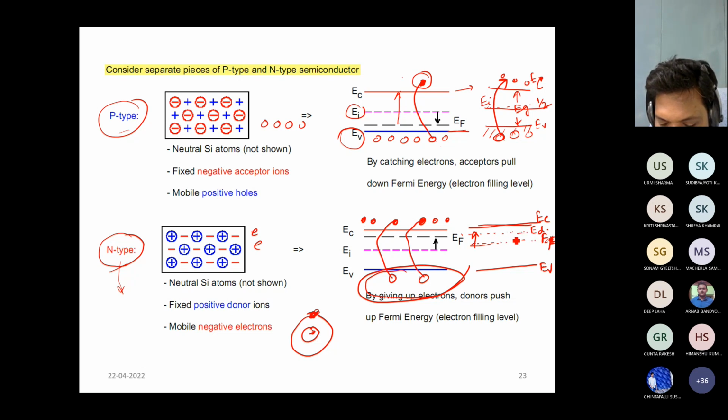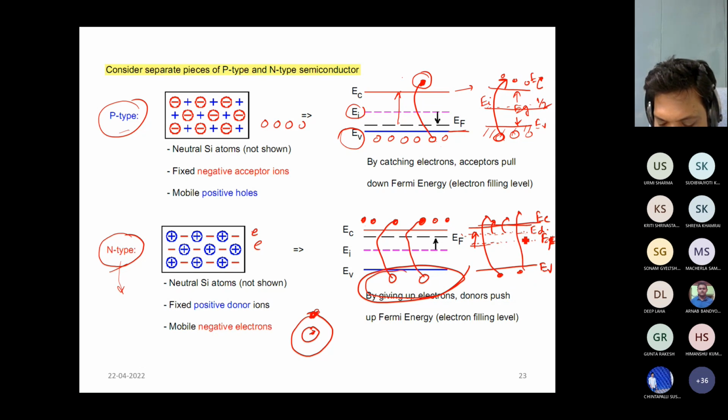Now look at this. As the electrons of the donor type atoms are residing in this energy level, with very small external energy they can jump easily to the conduction band, as compared to breaking the covalent bonding from the valence band to the conduction band.